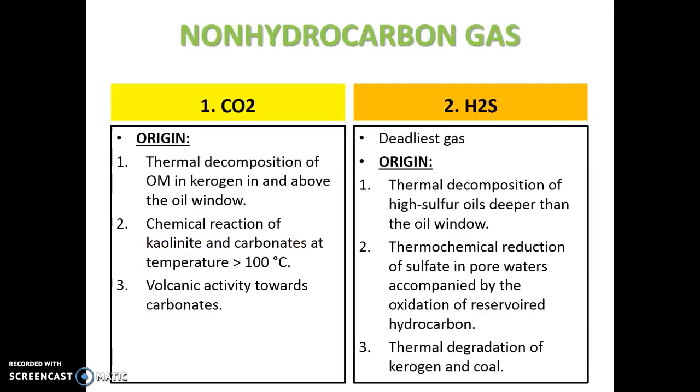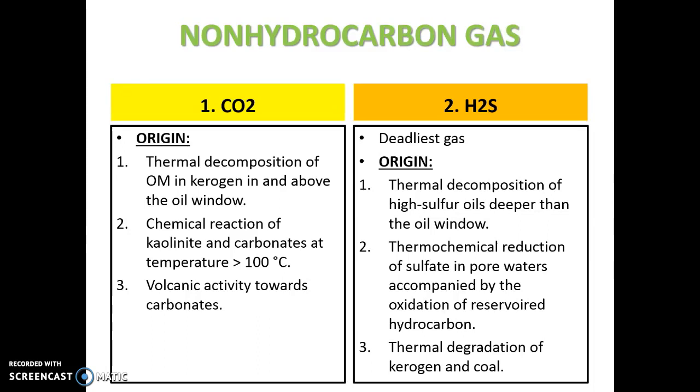And last but not least, for the non-hydrocarbon gas, we do have carbon dioxide and hydrogen sulfide. The carbon dioxide originates from the thermal decomposition of organic matter in and above the oil window, from diagenesis until catagenesis.